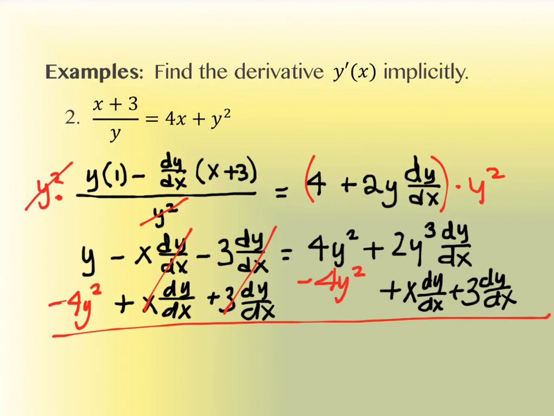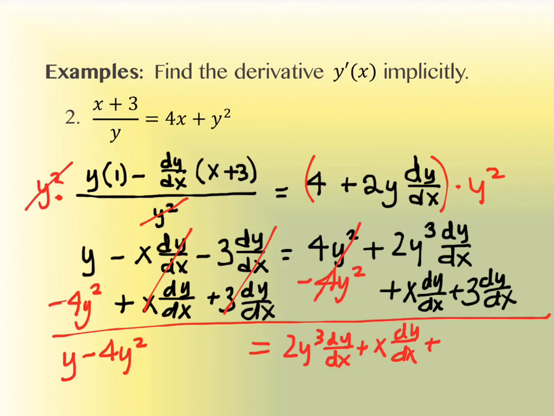So these add to 0. And I'm left with y minus 4y squared. On the right-hand side, these add to 0. And then I'm left with 2y cubed dy/dx plus x dy/dx plus 3 dy/dx.